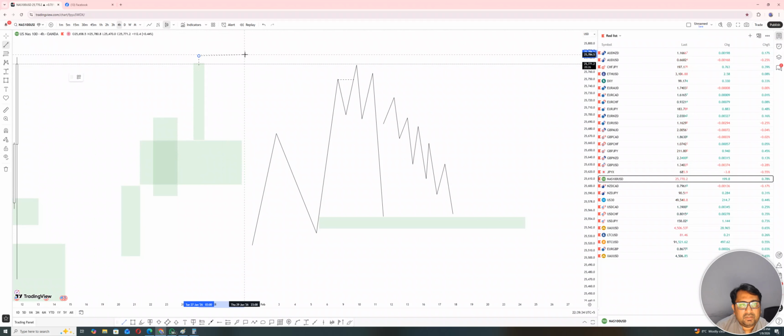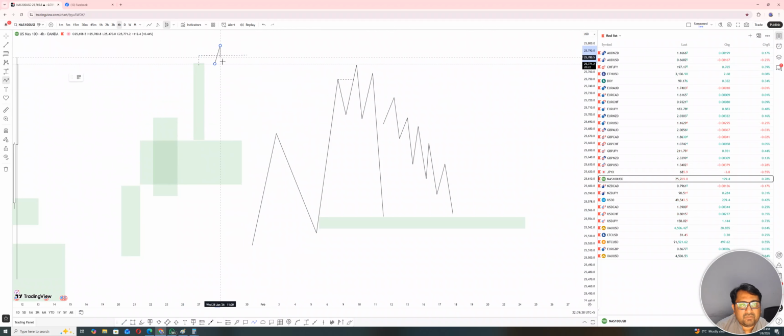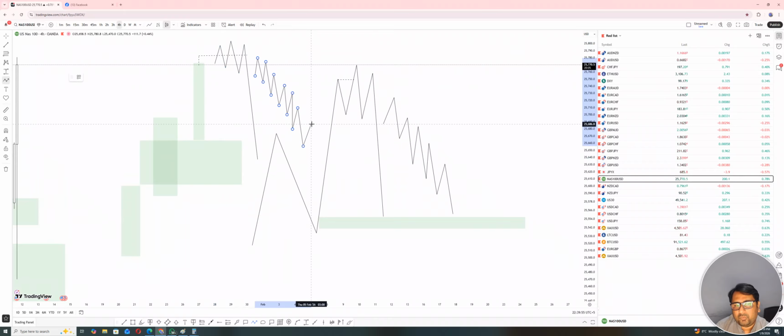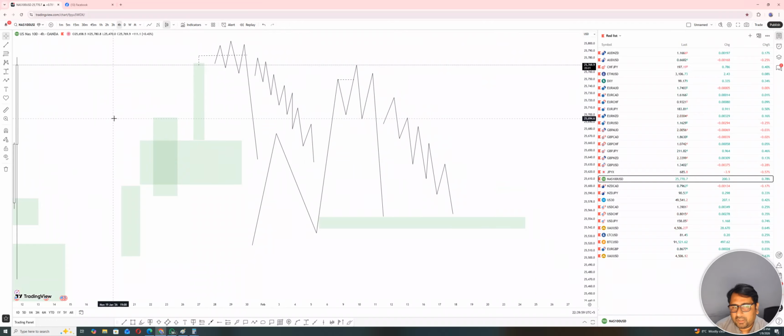Then you will trade on the H4 time frame structure shift. When you have an H4 break of structure shift, then you will trade on this area, then the target is this. And if the market gives a break of structure on the H4 time frame like this, then you will trade on every H4 break of structure and the target is still this fair value gap.